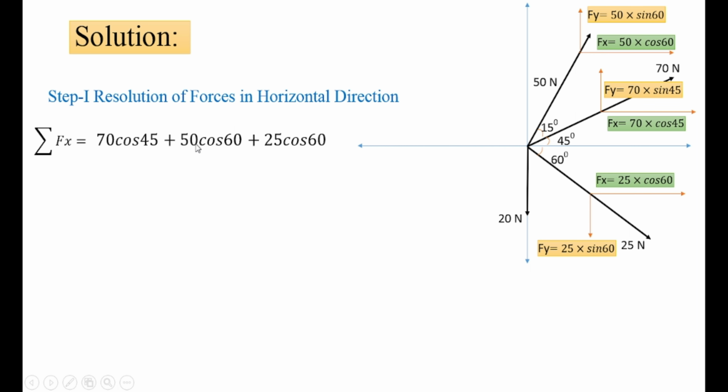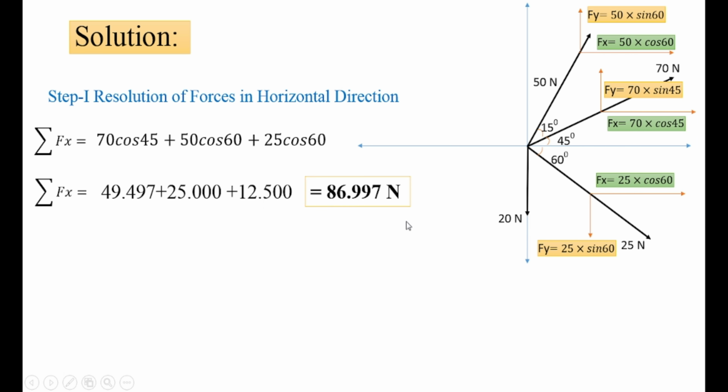In this way you can calculate the summation of Fx for all other components. Only remember, for the vertical force, the Fx component will be 0. So we'll see what is the addition of summation of Fx. So these are the values. At the end, we'll get summation of Fx equal to 86.997 Newton.